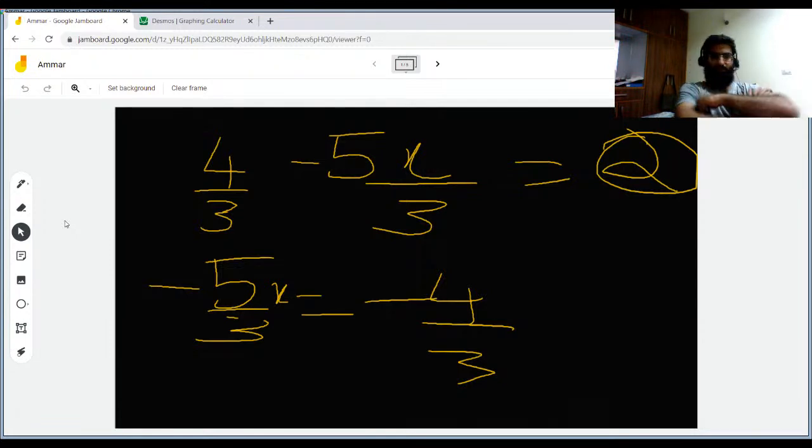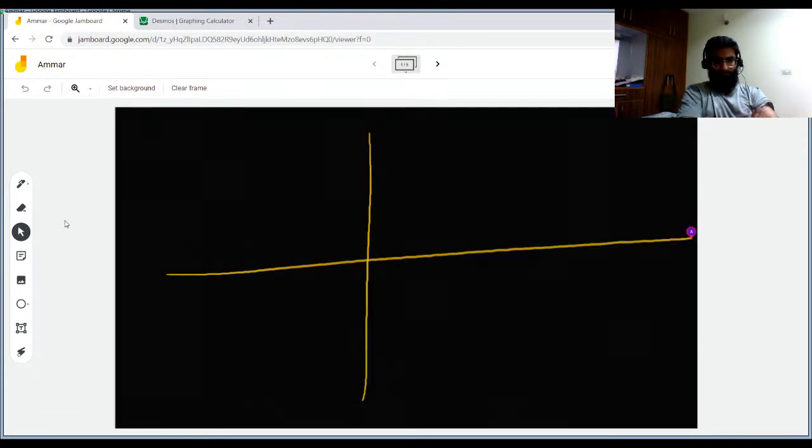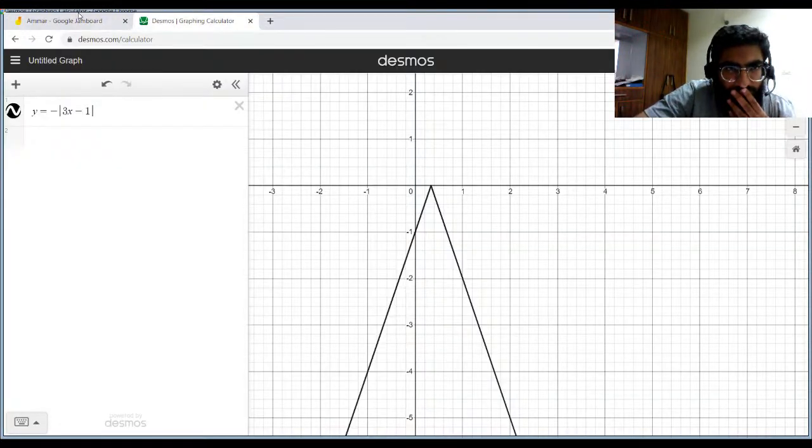So I have to draw it in the graph. Okay, so then what do you have to do? Oh, you have to do that thing. I remember now.